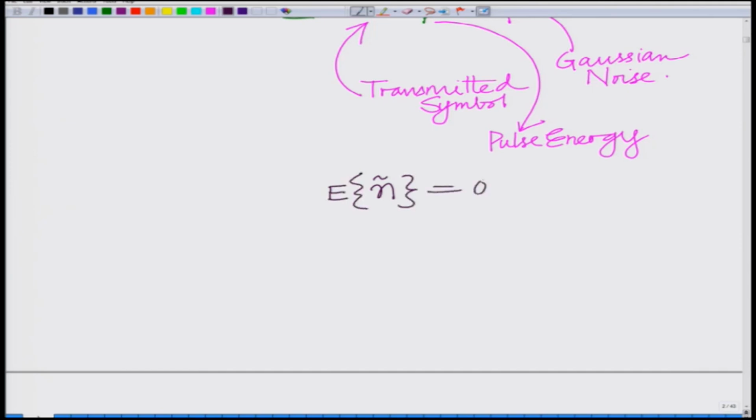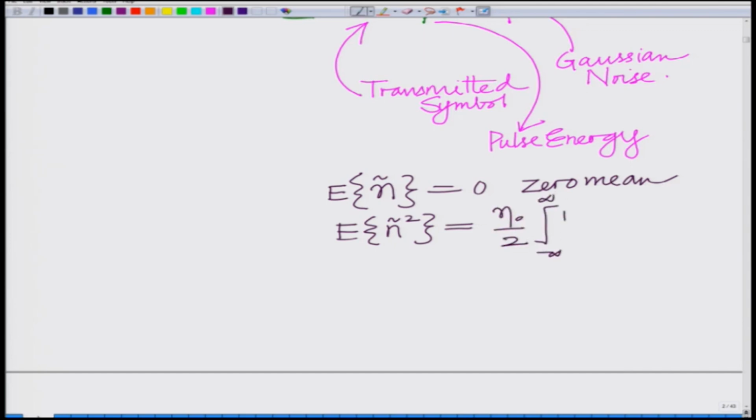We also proved in the previous modules that the mean of n tilde equals 0, that it is 0 mean, and further the variance of n tilde, that is expected value of n tilde square, for additive white Gaussian noise is eta naught by 2 integral minus infinity to infinity mod h tau square d tau.